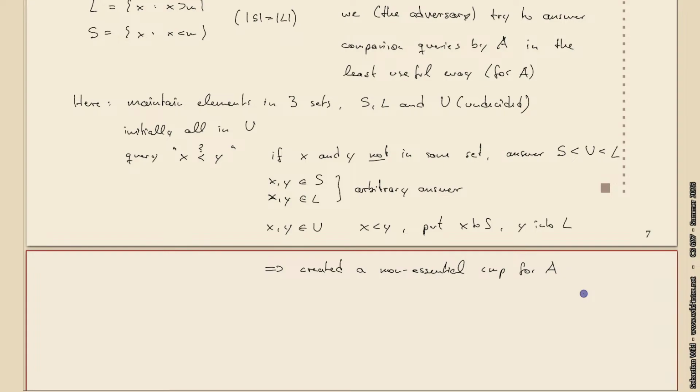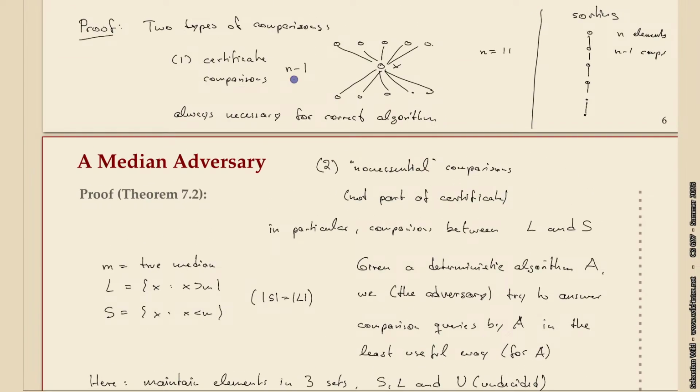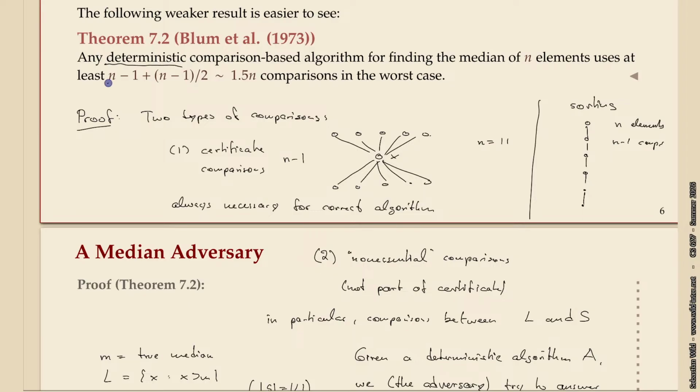How expensive is this for the algorithm? We always need the n-1 certificate comparisons. The algorithm has to learn those, no matter what it does. That's this part.